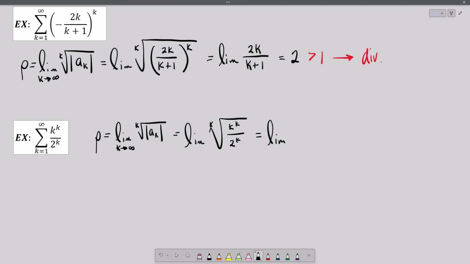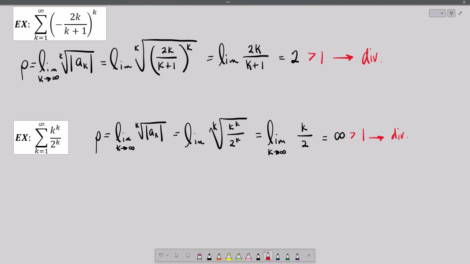So this is just k over 2. And what's that limit? Infinity, which we say is greater than 1, which tells us that we have divergence.